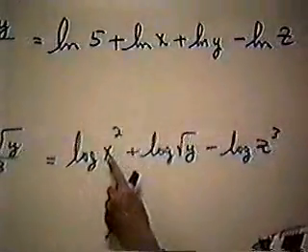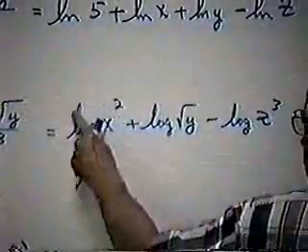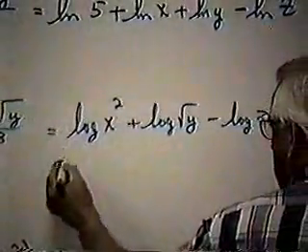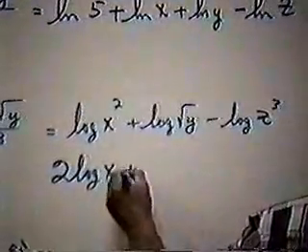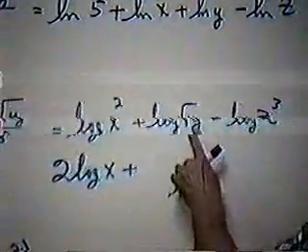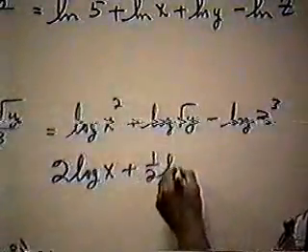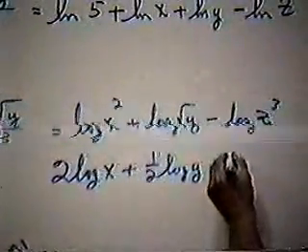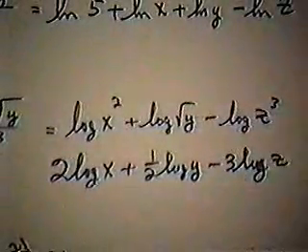The log of a letter raised to a power, the power can be moved out in front. So this would be 2 times the log of x plus, hey, what's the power of this? The power of this is 1/2. So it would be 1/2 the log of y minus 3 times the log of z.